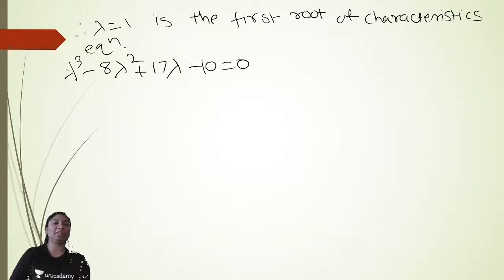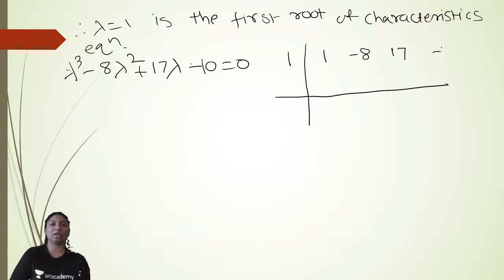So lambda is equal to 1. So use synthetic division. Synthetic division with 1 here: the coefficients are 1, minus 8, 17, minus 10. Okay. So keep 1 as it is.